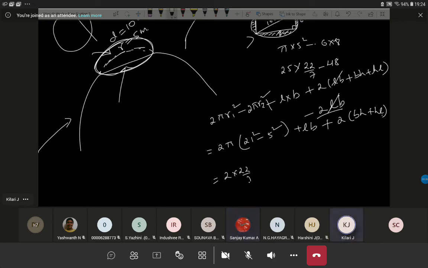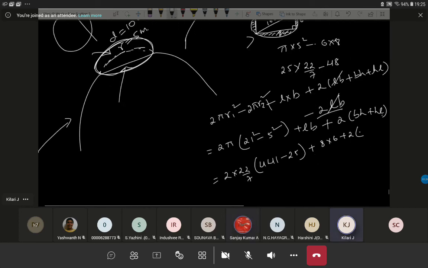In this way also we are not getting the answer, I think. 441 minus 25, plus LB means 6 into 8, so 48. Plus 2 times, how much is BH plus HL?